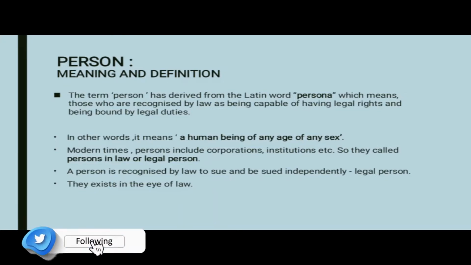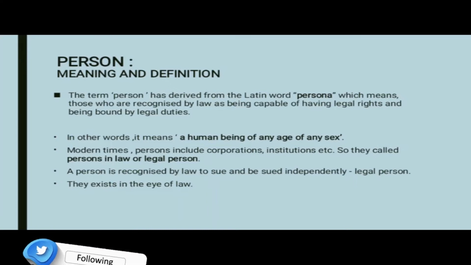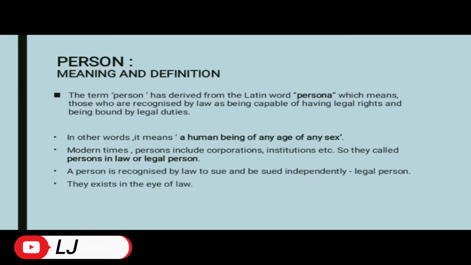Coming to the slides, the term person is derived from the Latin word persona, which means those who are recognized by law as being capable of having legal rights and being bound by legal duties. That means any objects or entities having legal rights and bound by legal duties are recognized as persons. In simple words, a person has been defined as a person being of any age, of any sex.